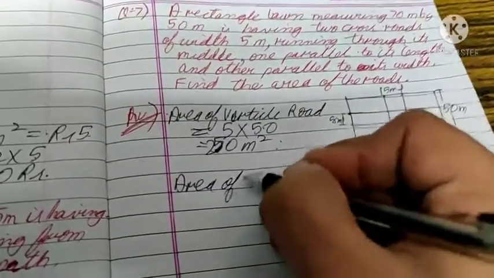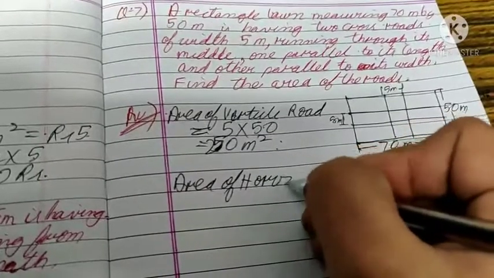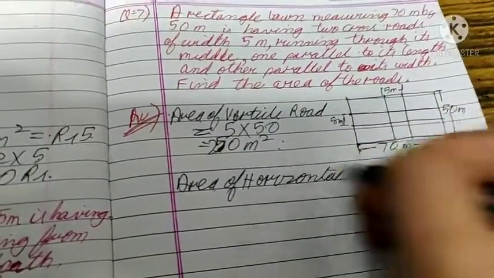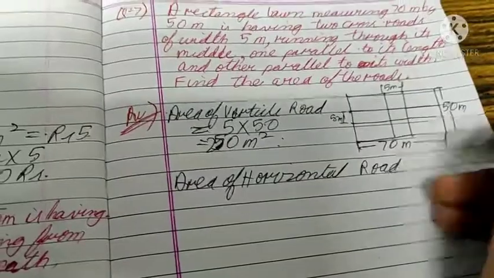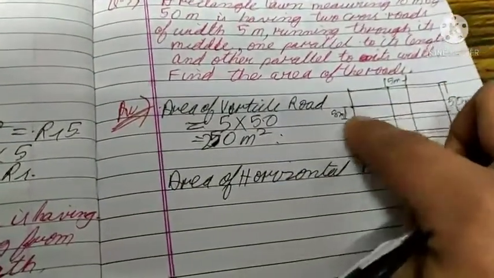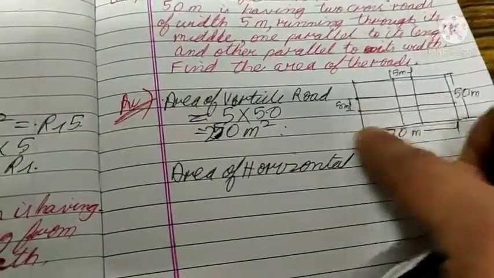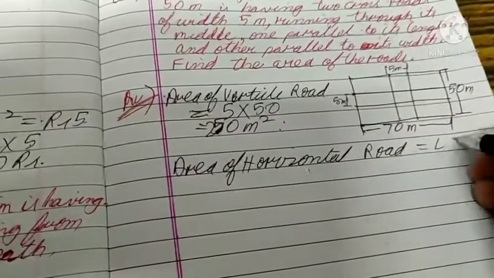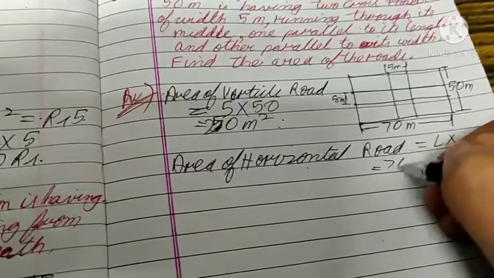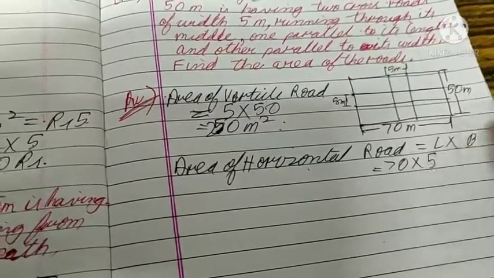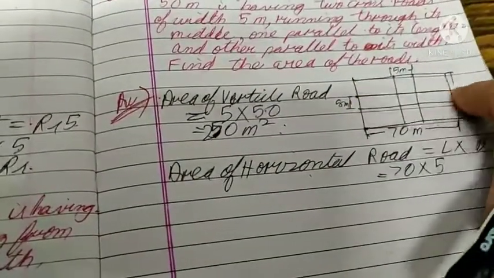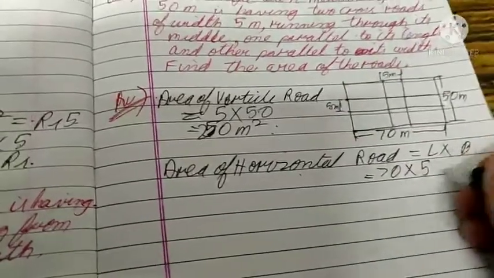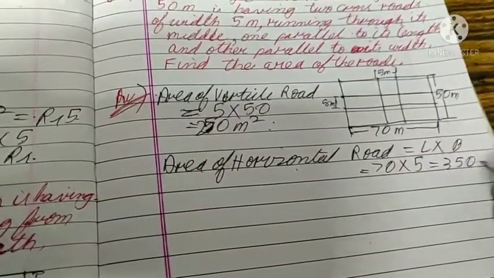Area of horizontal road, here its length is this 70 into its breadth is 5, it is 350 meter square.